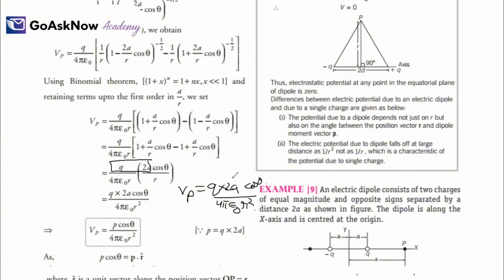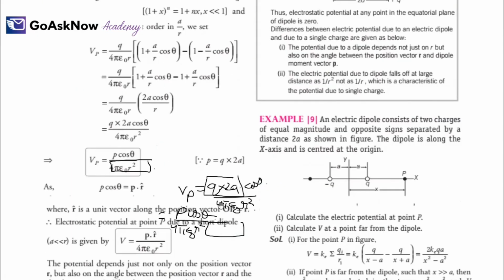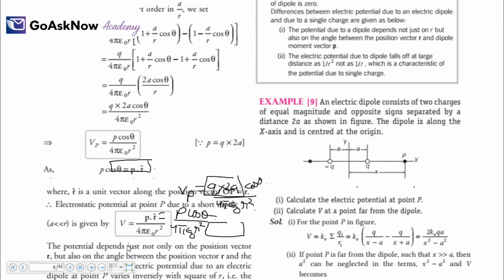What is this? This is equal to the dipole moment, because p is equal to q into 2a. So it will come p cos theta upon 4 pi epsilon naught into small r square. That is your final expression for the potential due to a dipole.